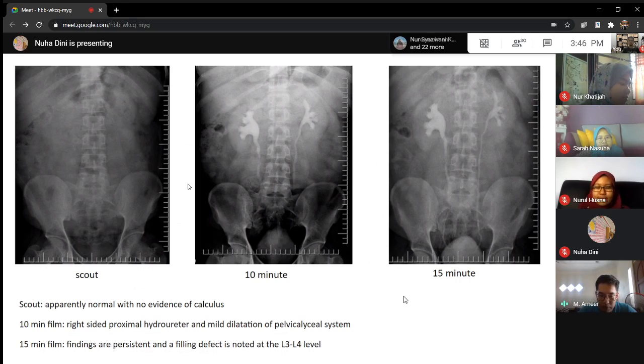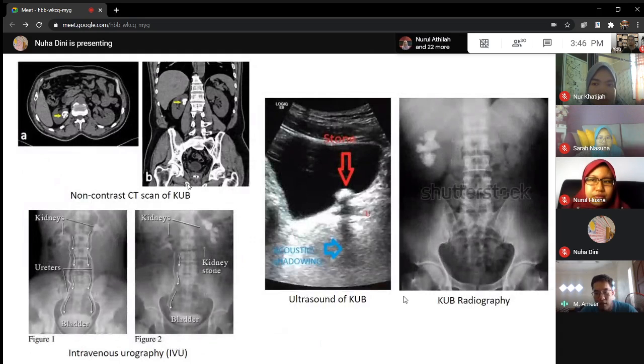And after 15 minutes, the findings are persistent, and we can also see there's a filling defect at the L3, L4 level. Okay, next. These are more examples of the imaging. Okay, next.